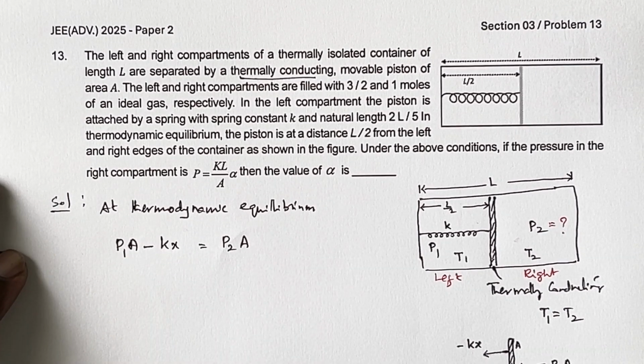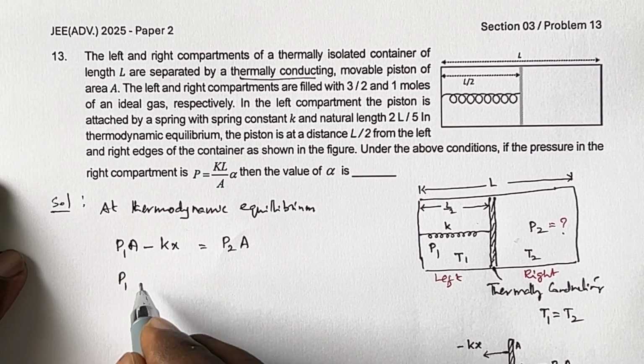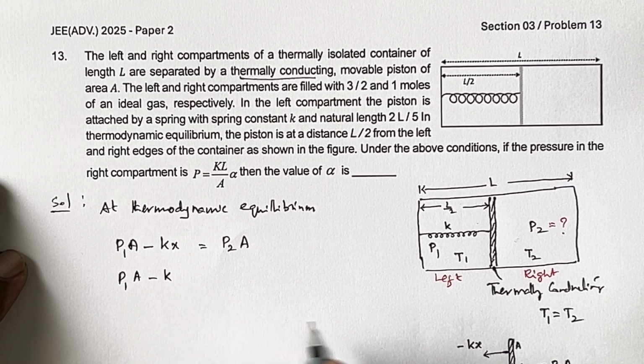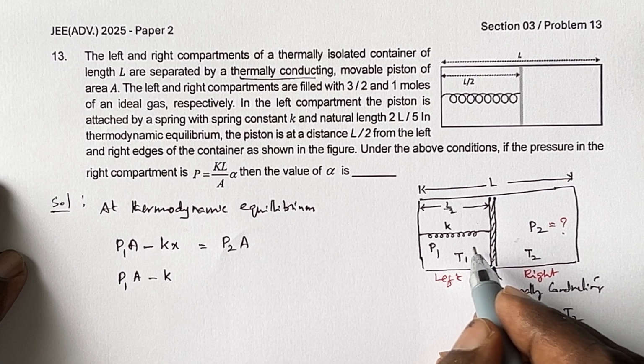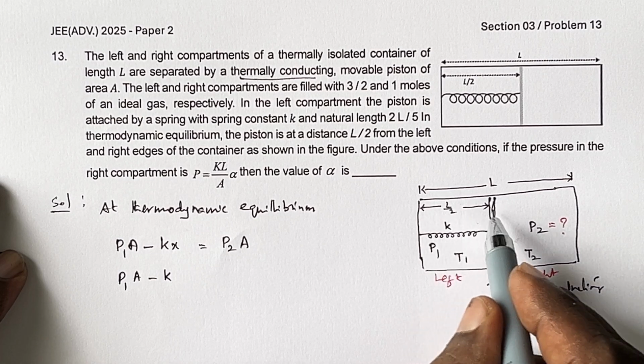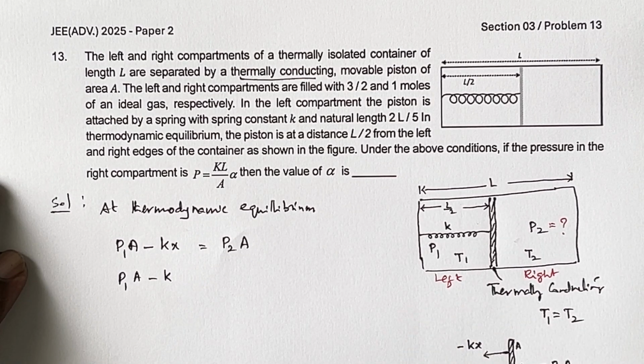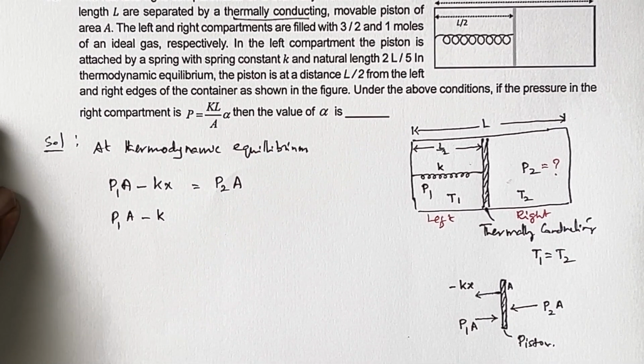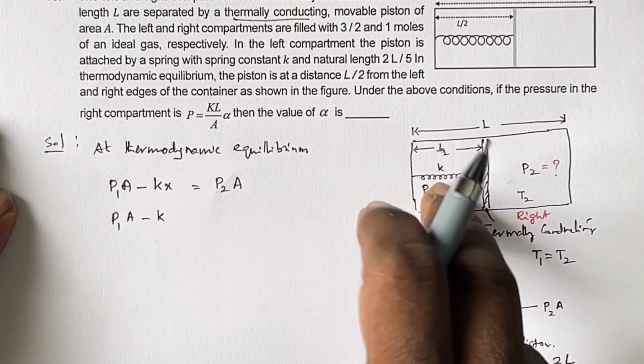Now, this is L/2 distance, but the natural length of the spring is given as 2L/5, and here it is stretched to L/2.